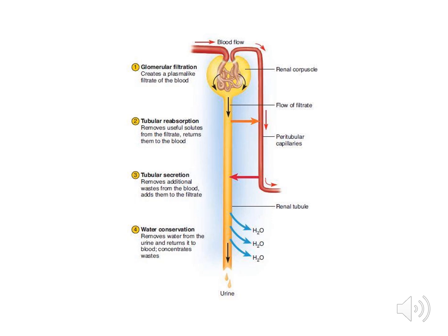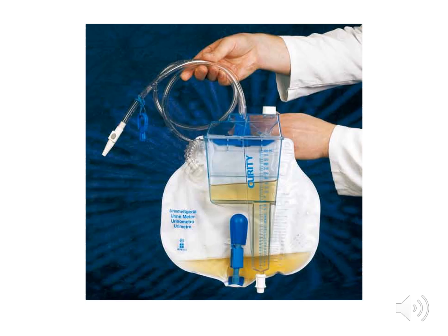Now, how do you suppose you tell what a person's hourly urine output is? Have you ever noticed that on the front of a lot of Foley catheter bags, there's a little plastic box with little measurement markings on it, right?